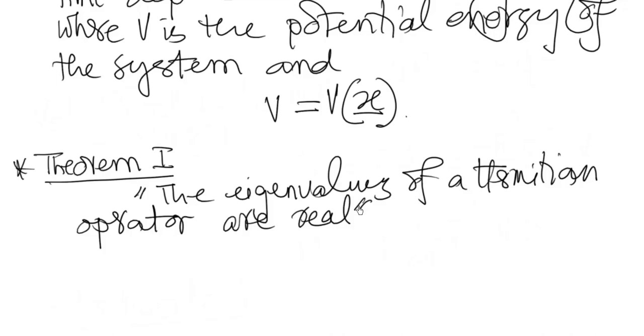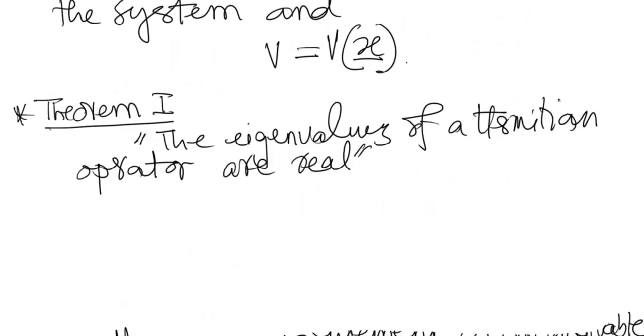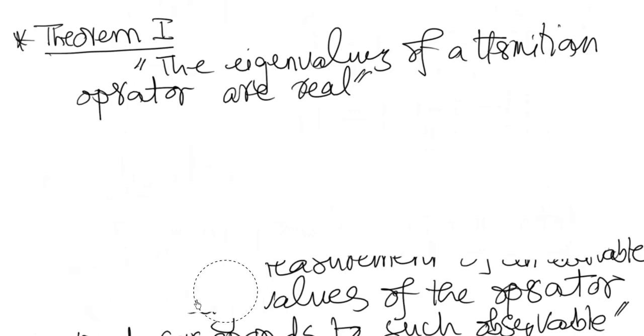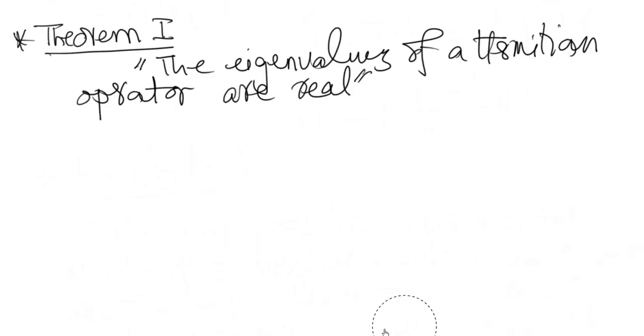The eigenvalues of Hermitian operator are real. We know the eigenvalue equation. We know the definition of Hermitian operator. All we know. Now we are going to prove this theorem.